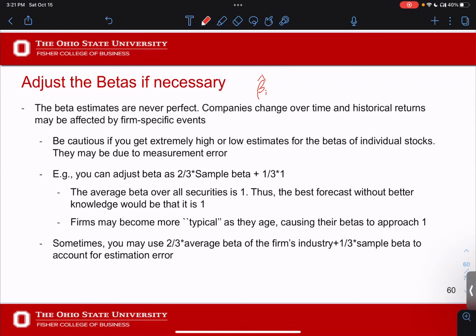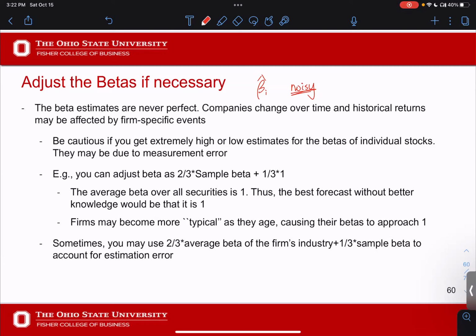Also, sometimes when you observe the stock return, it might be very noisy. By noisy, I mean, for example, if you think about GameStop or Bitcoin, the return might be super volatile. It might be because of very temporary events that drive the prices up and down very crazily. But if you use a very noisy and volatile sample to estimate beta, your beta might be very crazy.